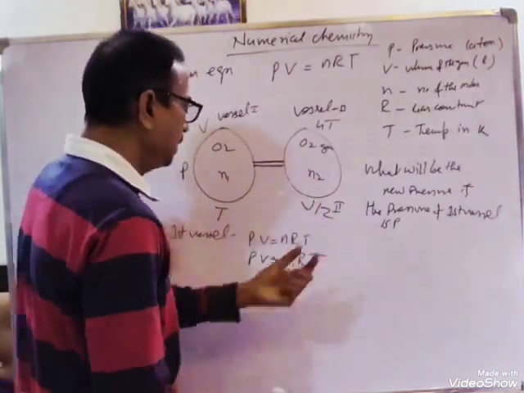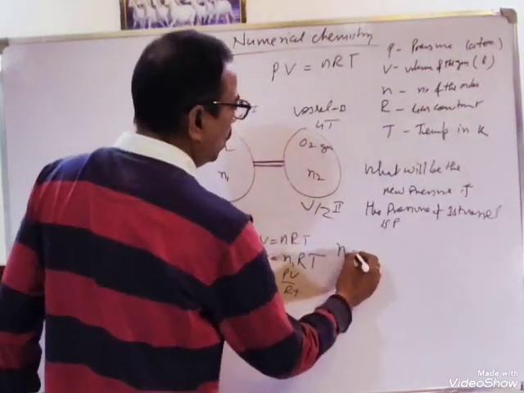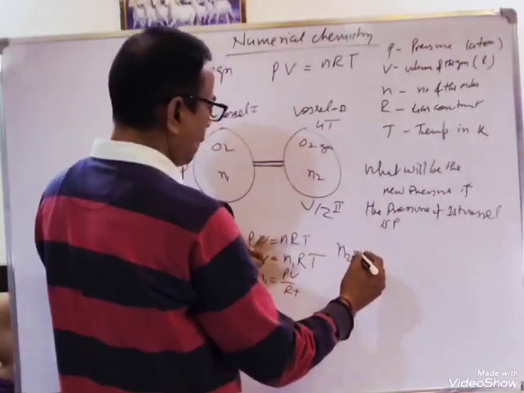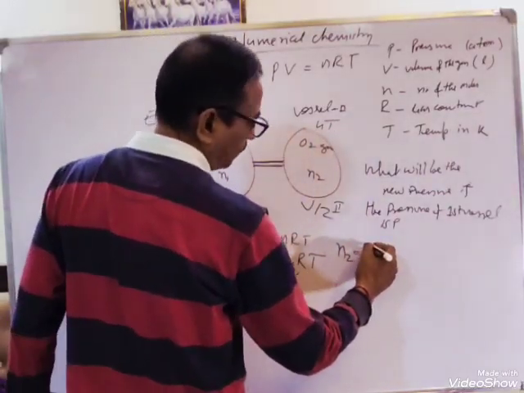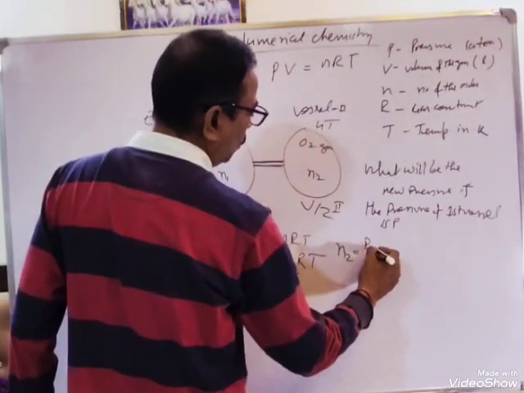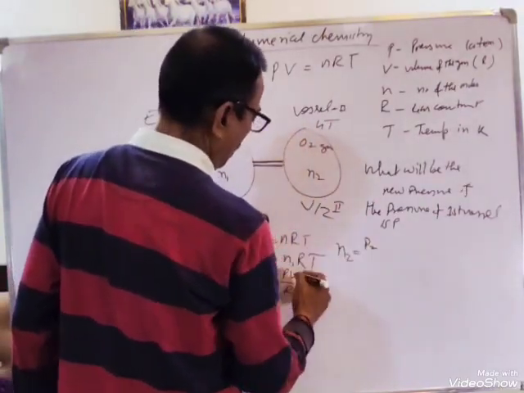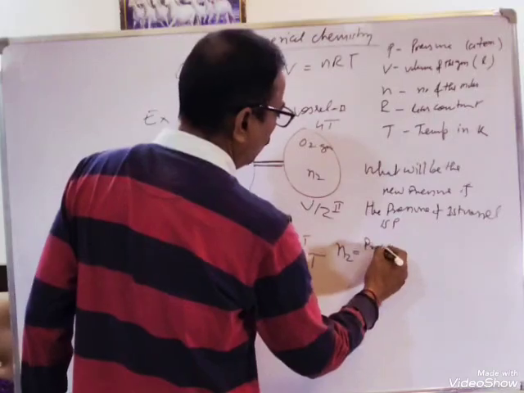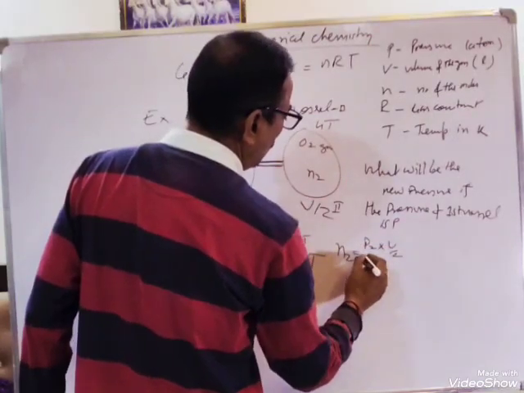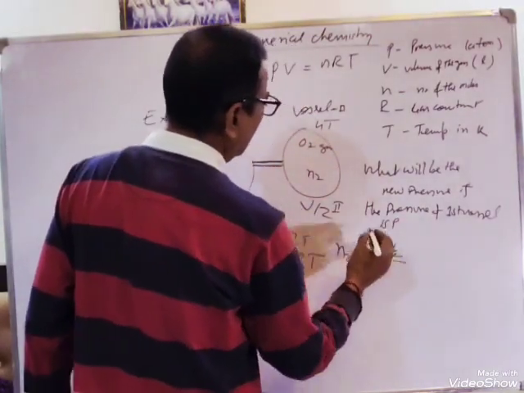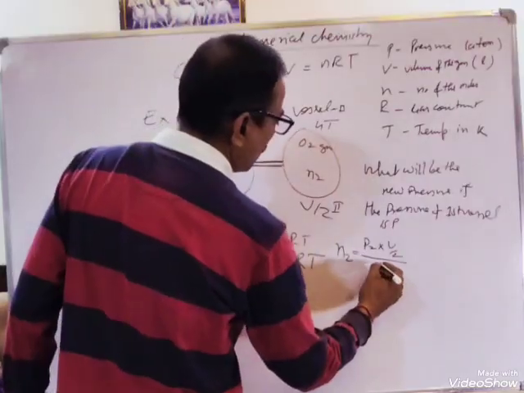Similarly for the second vessel, N2 equals pressure P, volume V by 2, temperature 4T.